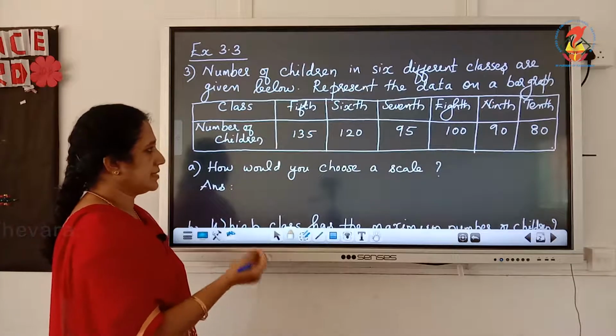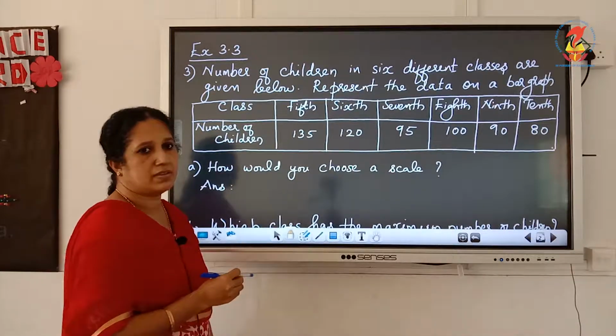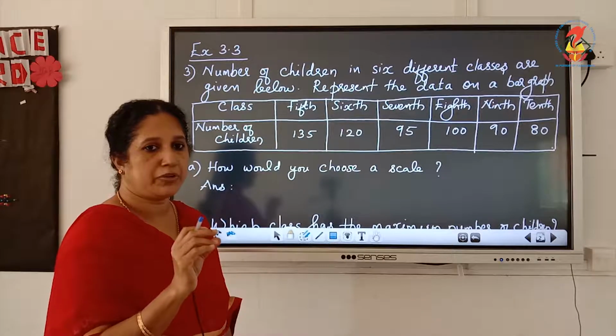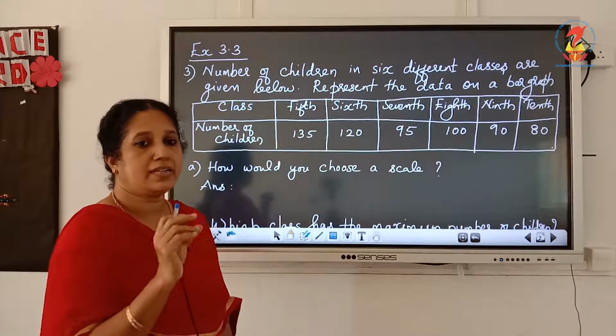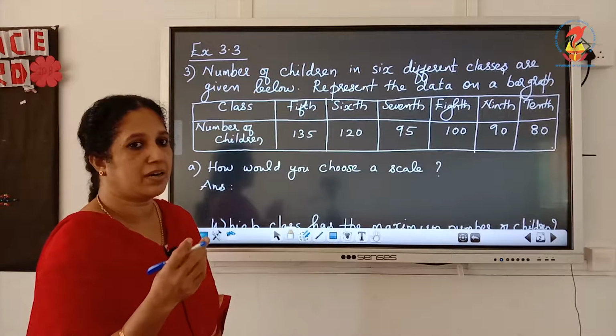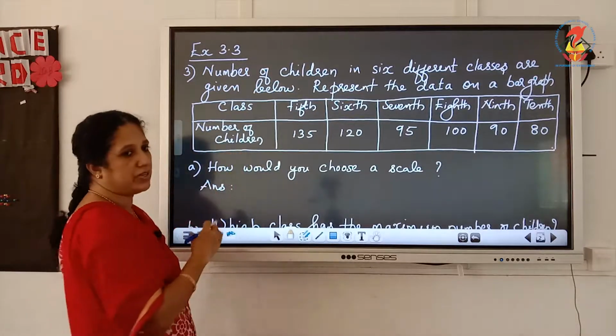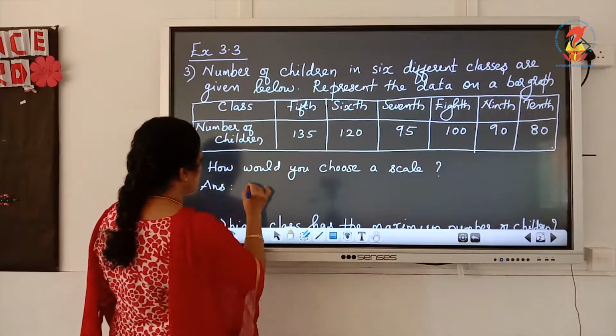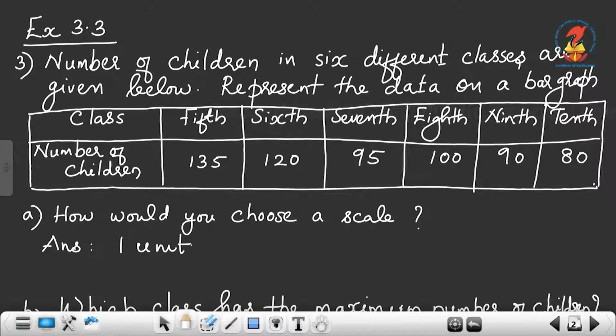We can take the scale as, in the graph paper, 1 unit or 1 centimeter, and how many children that 1 unit represents, we have to decide. So here we can select 1 unit is equal to 10 children.